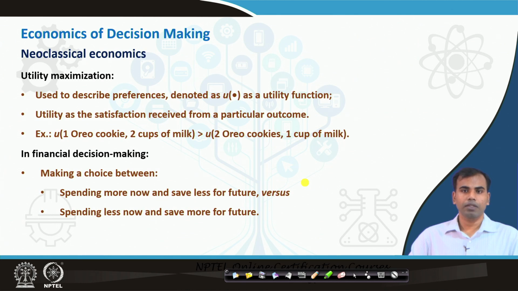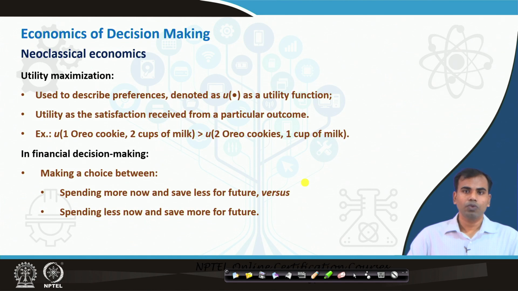Let us say you are earning an amount of money, suppose you have x amount of money, and the choices or the outcomes that you have are whether to spend more money right now and expect the utility derived in present time, or you save the money and spend it in future, which means the utility that you will derive out of the outcome in future will be different from the utility that you are going to derive in present.